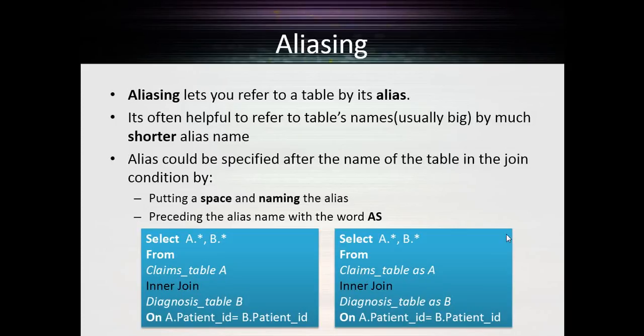So in this syntax, as you can see, I am using the typical select statement and from statement of two tables, but I am using the as keyword after the claims table.